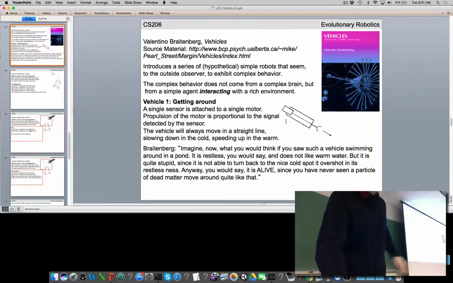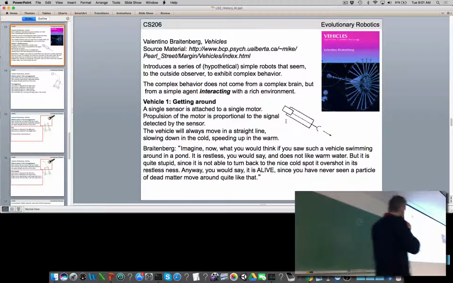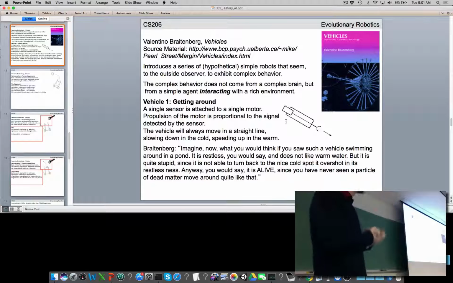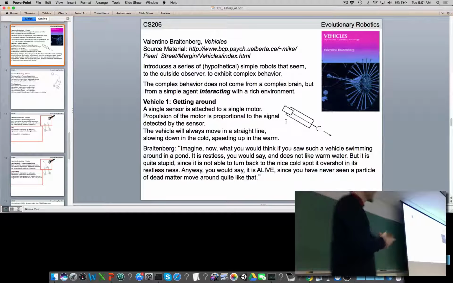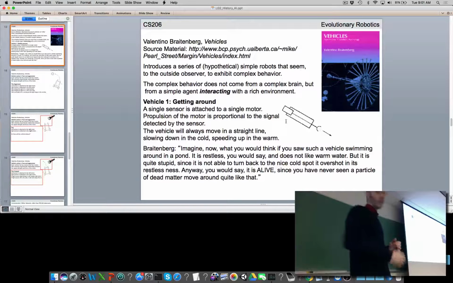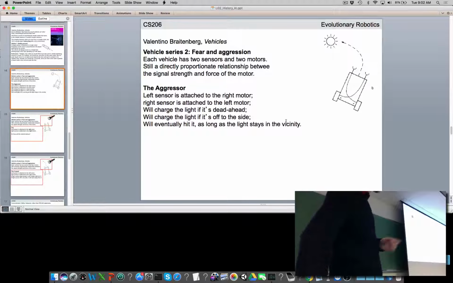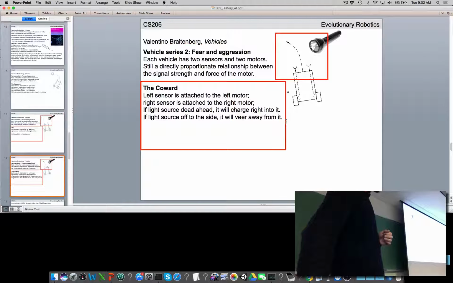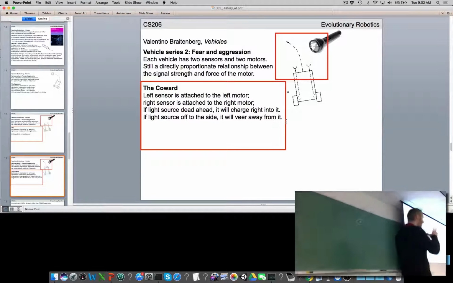Okay, so I think we ended last time in the 1980s with Valentino Braitenberg, who was trying to make the point that we can often get relatively, well, maybe useful behavior. I don't know about interesting. We can get things like phototaxis, driving towards a light source, or photophobia, running away from a light source, with very, very simple circuits, as long as we think about the body and the brain of our vehicle, or our robot in this case.